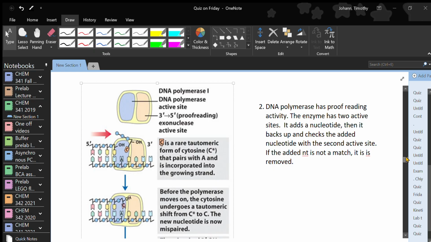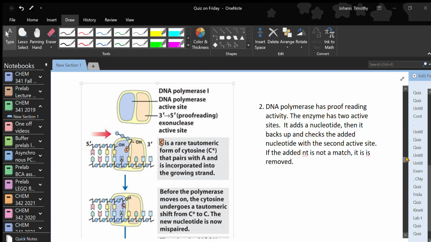Cuts something off the end, so that nucleotide that might not match. So C has a rare tautomeric form, where the double bond moves and you end up with a hydroxide. Remember tautomerization from organic? What we've got here is a rare form that will actually pair with A. This is where we get a lot of our errors from.